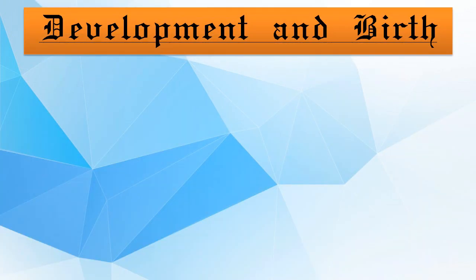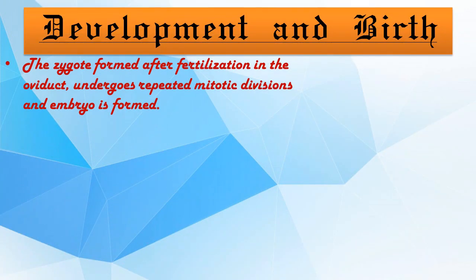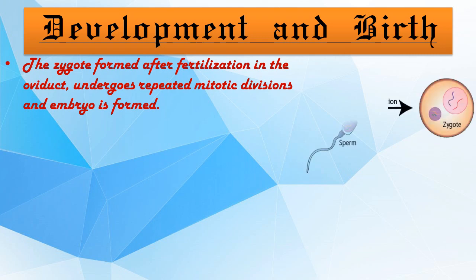Okay, so student, the zygote formed after fertilization in the oviduct undergoes repeated mitotic division and an embryo is formed. In our previous video we learned what fertilization is. Fertilization is a process in which a diploid zygote is formed by the union of a haploid male gamete and a female gamete.